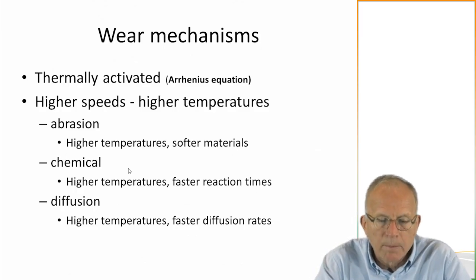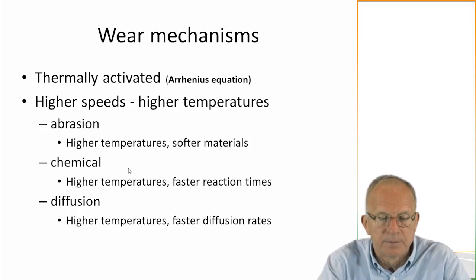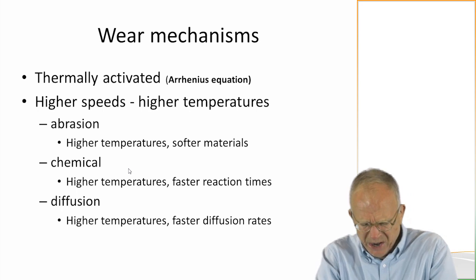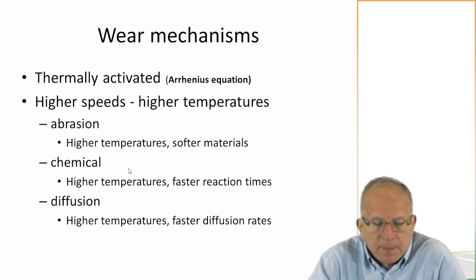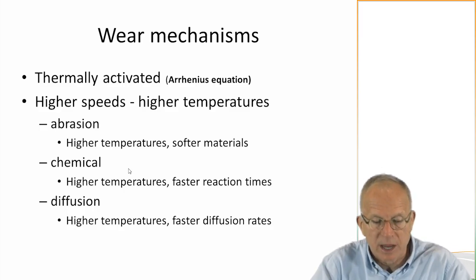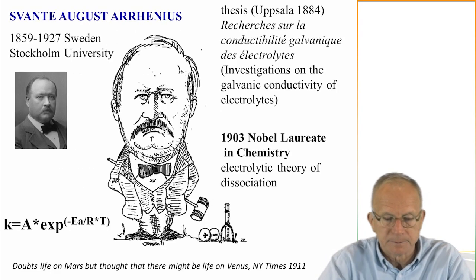So these wear mechanisms are thermally activated. And so this should make us think of the Arrhenius equation. Higher speeds, higher temperatures. So for abrasion, higher temperatures tend to mean softer materials. If it's a chemical reaction, higher temperatures mean faster reaction times, and if there's diffusion going on, faster diffusion rates.